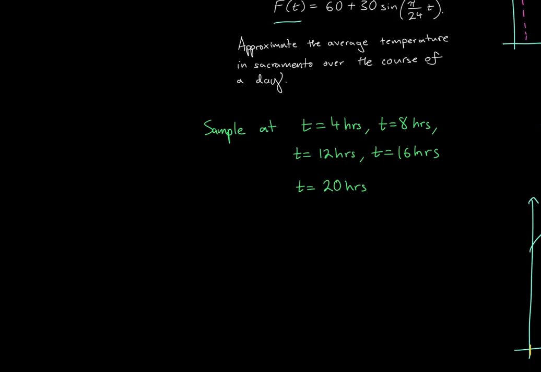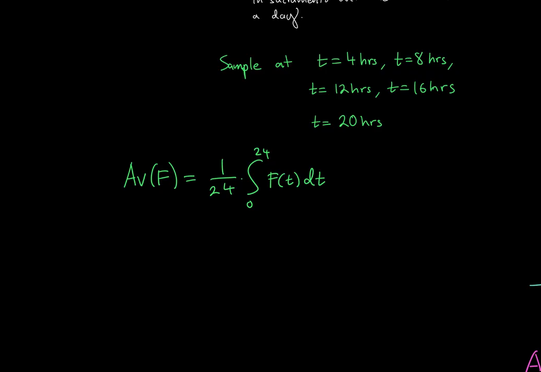So our average value, we just need to approximate it. The average value of f is equal to 1 over 24 times the integral from 0 to 24 of f of t dt. But that is approximately equal to 1 over 24 times the sum of f of, so I'll label these 1, 2, 3, 4, and 5.